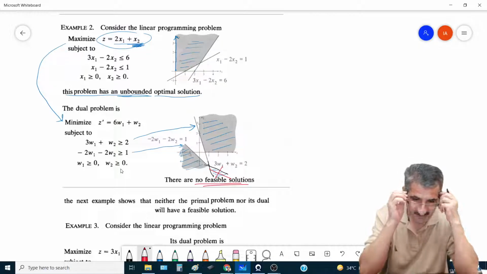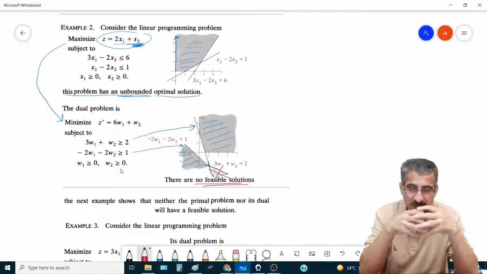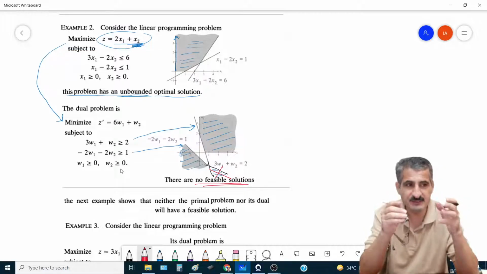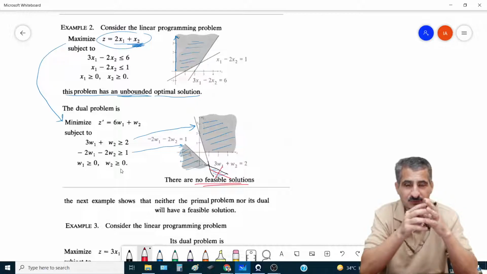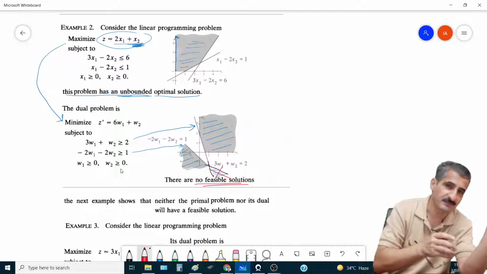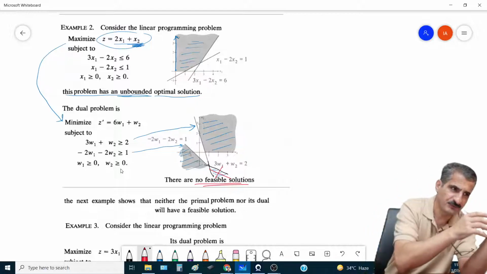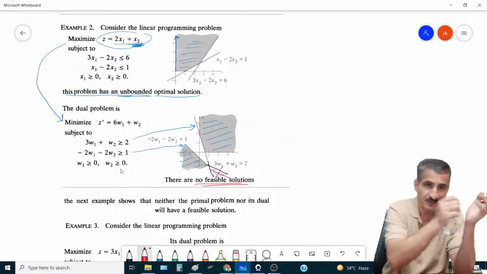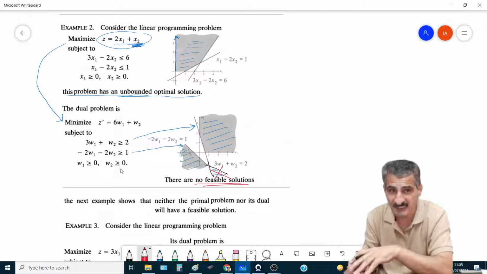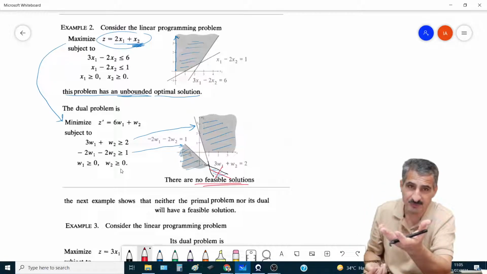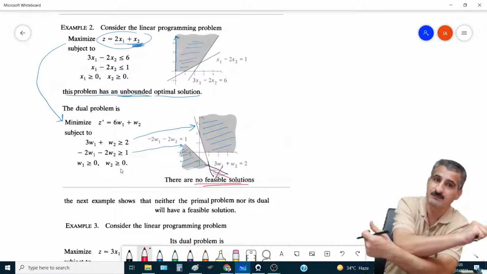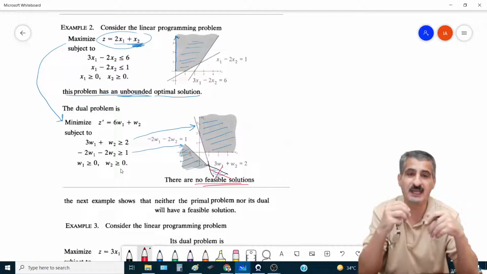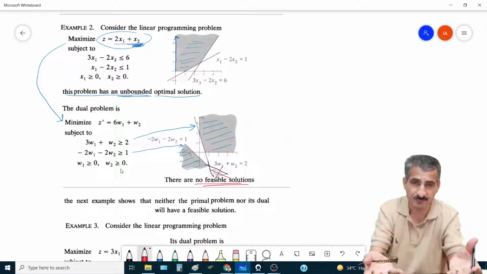How does this apply to the theorems we have learned? The theorem says if one has a finite optimal solution, then the other one has. So if there is one for the primal, then there is one for the dual. If there is one for the dual, then there is one for the primal. That means if there is not one for the primal, then there is not one for the dual, and the opposite. So both the primal and the dual either have solutions together or they don't.